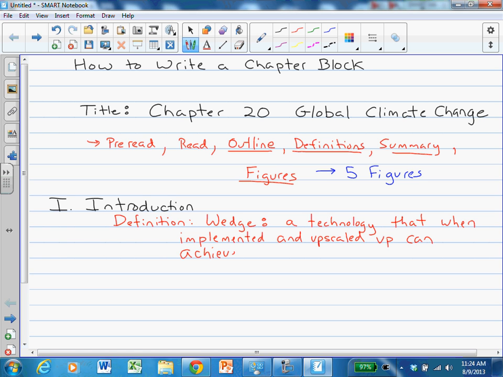Can achieve a reduction of 1 billion tons of carbon emissions per year by 2056.